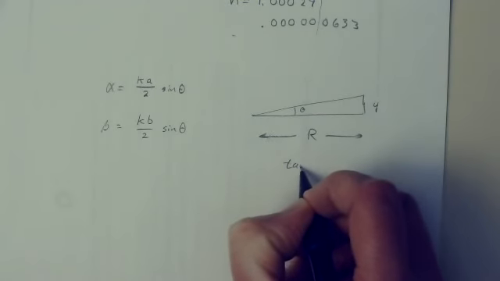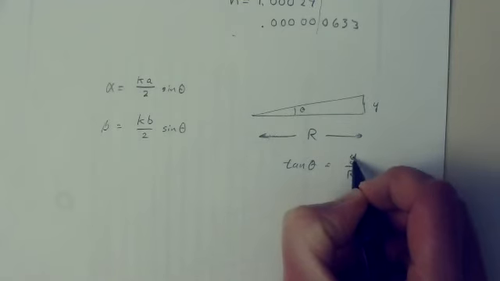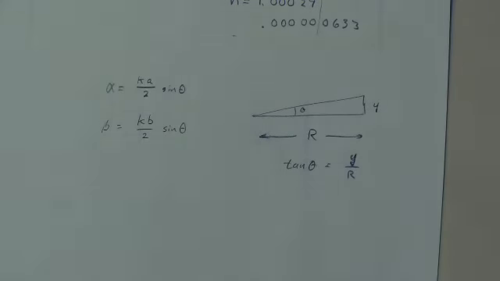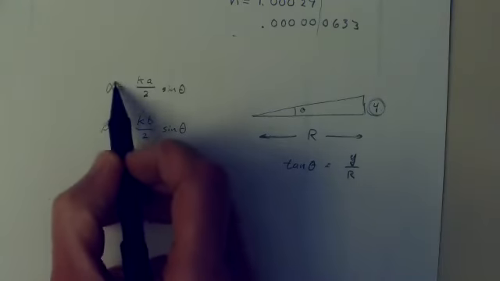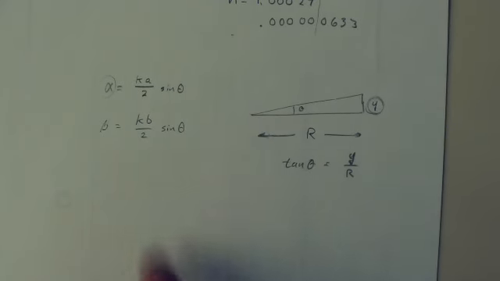And so tangent of theta is y over r. But in general, we equate tangent theta and sine theta. Sine of theta and tangent of theta are the same, essentially, for these small angles. But that gets you from a y on your figure all the way to the alpha or beta that you're using in the formula to calculate the intensity. It's several steps to get there.